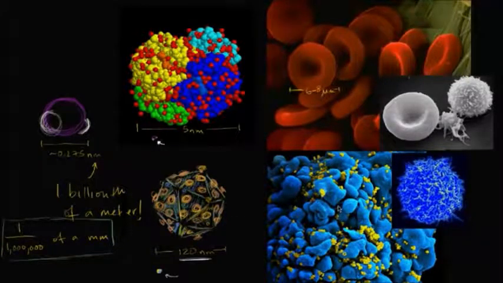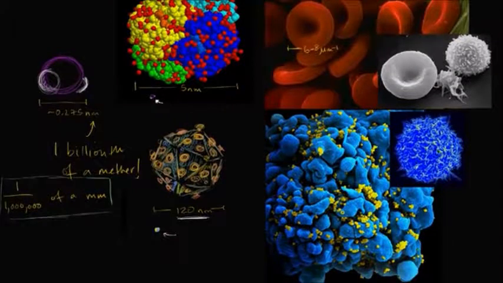But now let's go up to the next scale. So this creepy picture right over here, this is a T cell. This is a depiction. If you want to see the whole thing, that is a T cell right over here, and all the blue is the T cell, and what you see in yellow, that's the HIV virus emerging, taking advantage of this T cell. So that's why it's so creepy. It's using that cell's machinery to reproduce itself.